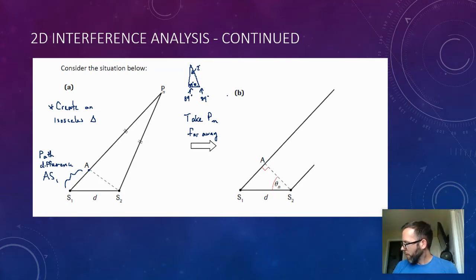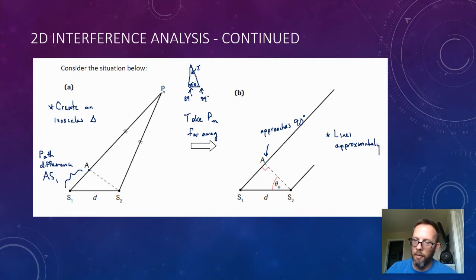So this angle at A approaches 90 degrees because those two lines would be parallel. I'll just add here that the lines are approximately parallel.